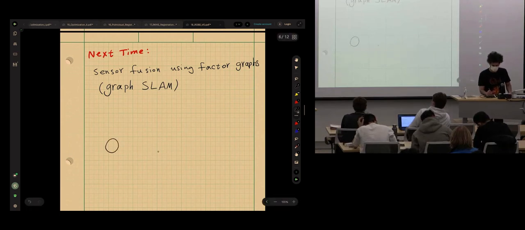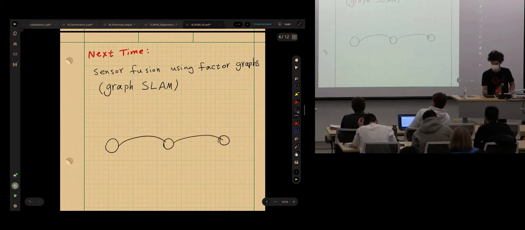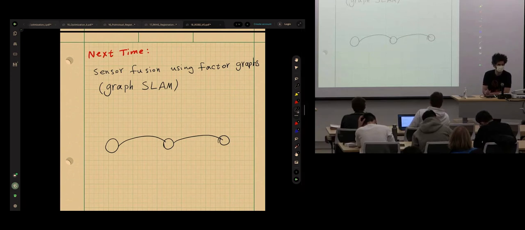Then we're going to talk about different nodes and different edges, right? This is your maybe camera.